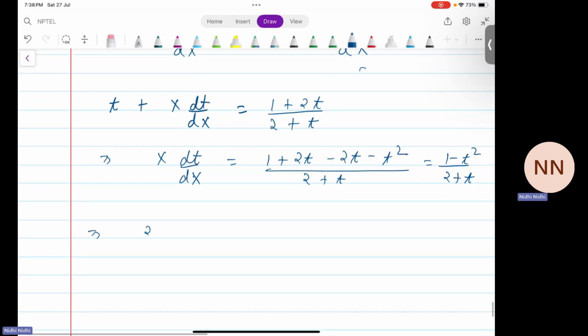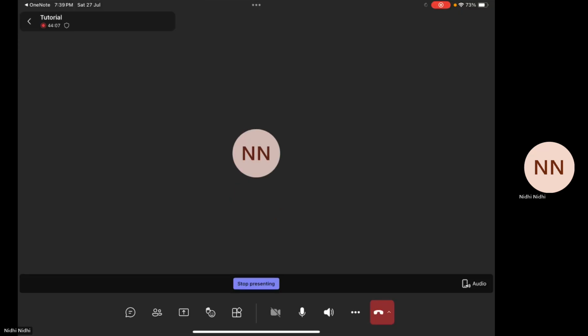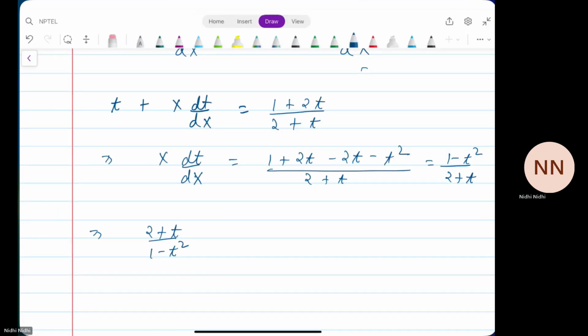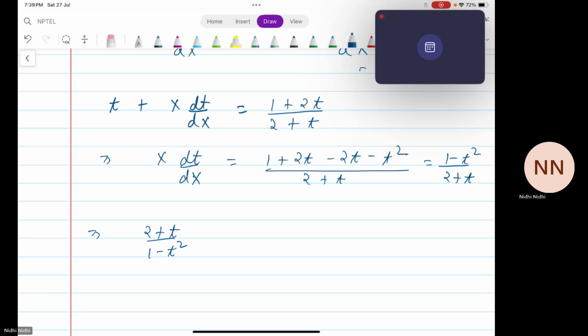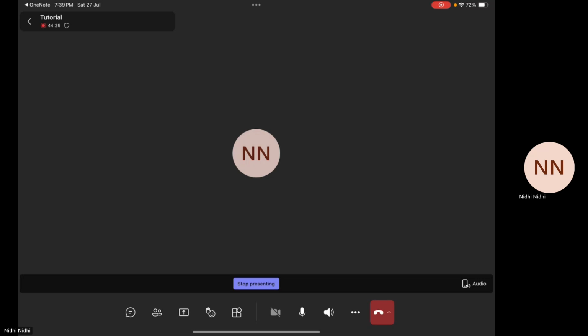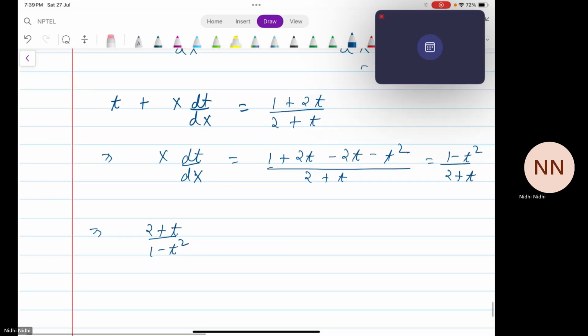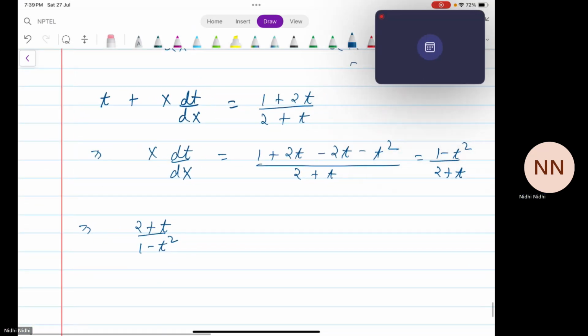We get (2 plus t) upon (1 minus t square) dt is equal to dx by x.